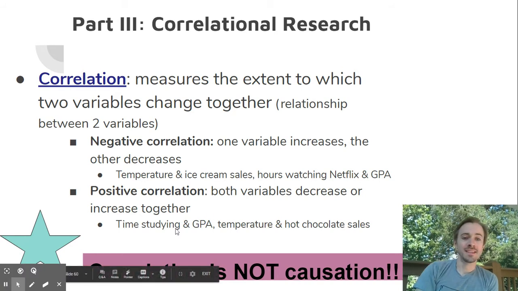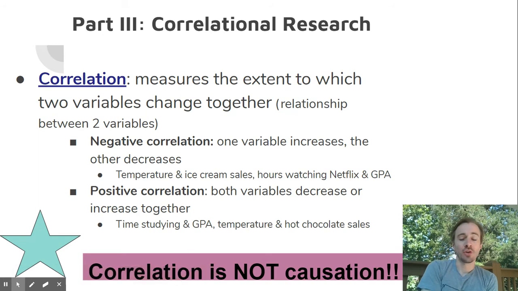So what is a correlation? Like, what are we really looking at here? A correlation is the extent to which two variables are changing together. That's a relationship between these two things. And that's going to be expressed in either negative or positive form. So a negative correlation is when you've got two variables, one is going to increase while the other is going to decrease.